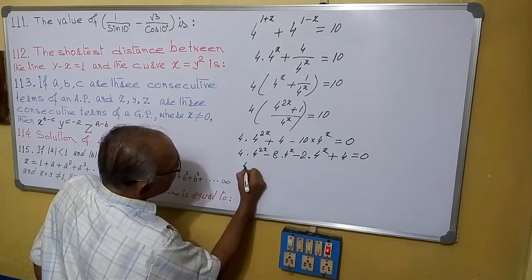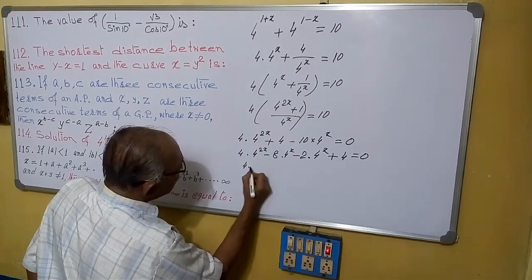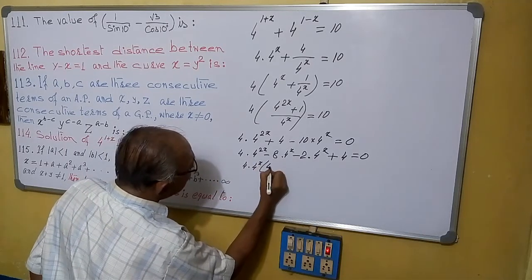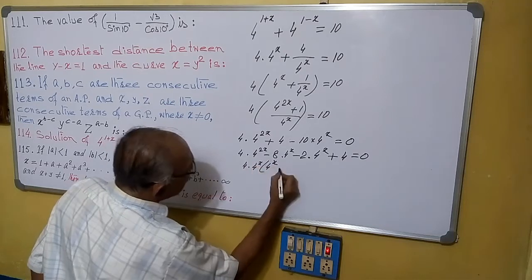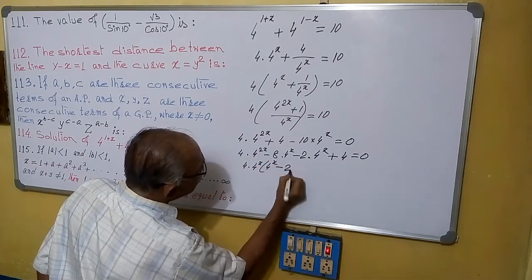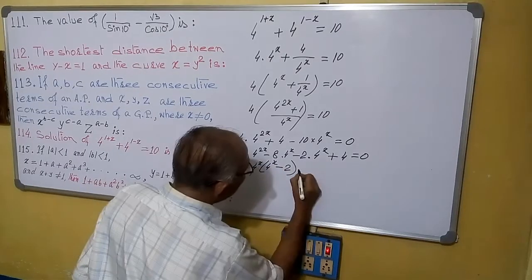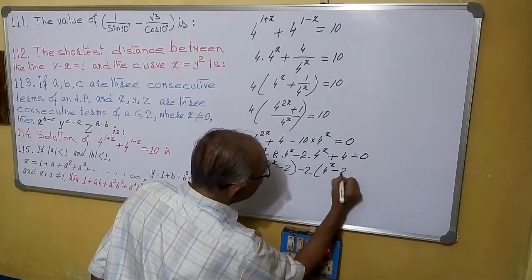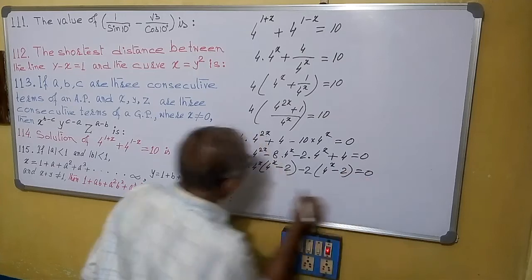If we take 4 into 4 to the power x common, here it is coming 4 to the power x minus 2, and here if we take minus 2 common, it is again 4 to the power x minus 2 equals 0.